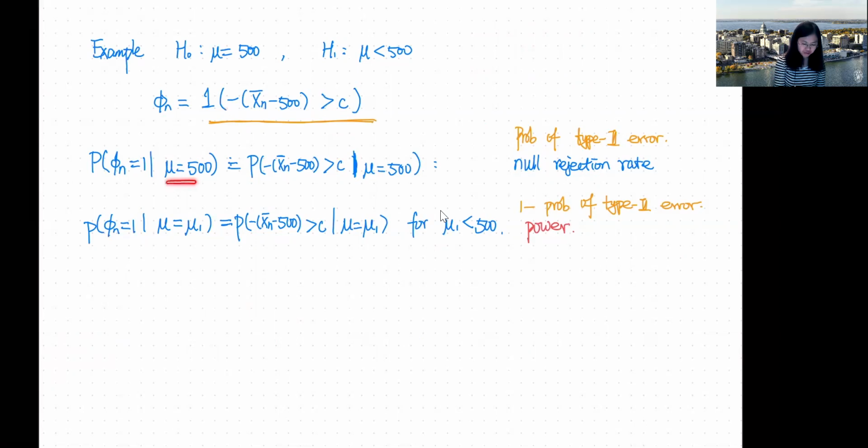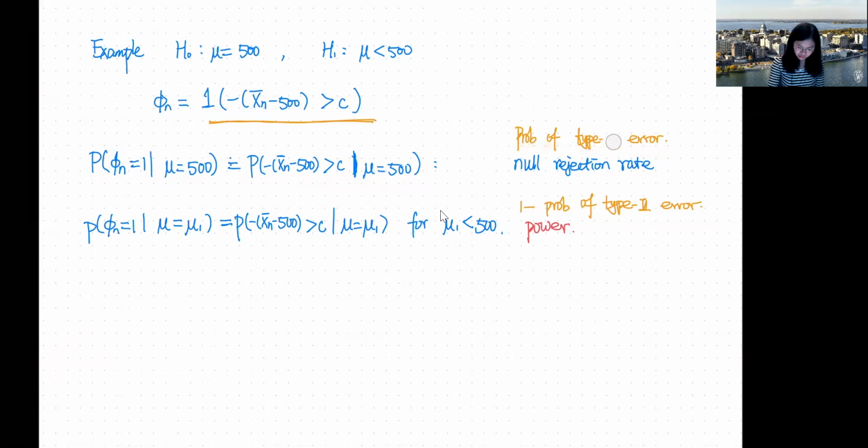When the null is true, that's when mu equals 500, we can analyze the probability of rejection, which is the probability of type 1 error. The probability of type 1 error is the probability that 500 minus xn bar is greater than the threshold, given mu equals 500.